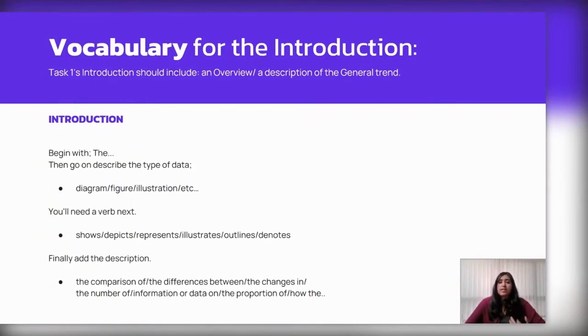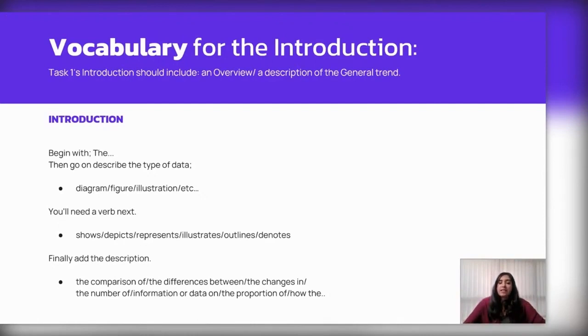So you can change that by saying the diagram or the figure or the illustration, etc. All right. So after you've written that, you need the verb, okay, and it's something like shows or depicts or represents or illustrates, like we talked about, outlines, denotes. That's fine. That's all saying something that's not in the question. Now, shows is kind of in the question, so you can change it by saying something else.